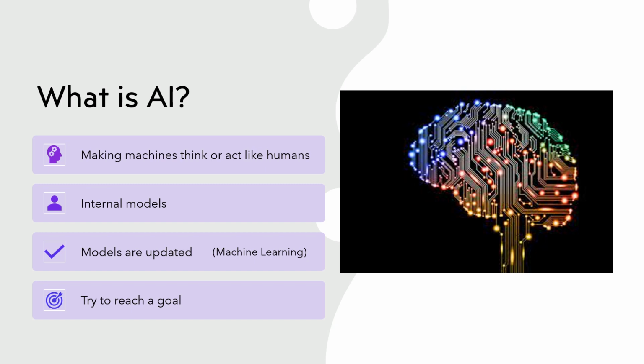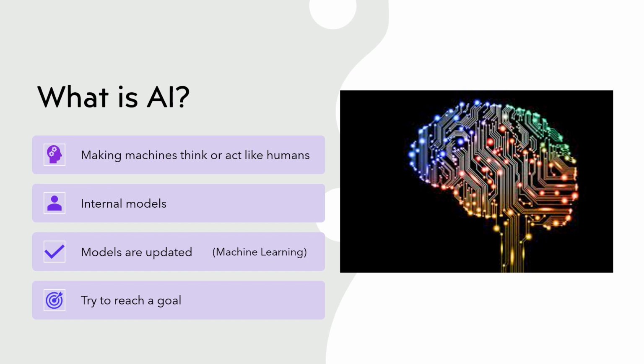AI is making machines think or act like humans. So it's trying to get them to reason. It's trying to get them to behave like humans. Essentially, we're just trying to simulate human intelligence in a computer, whether that be a robot or an algorithm trying to find the shortest path to someplace or something like that.